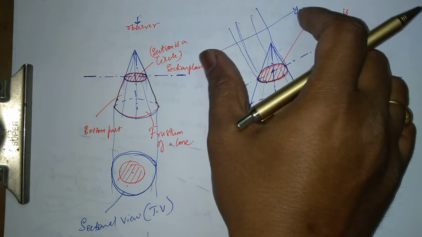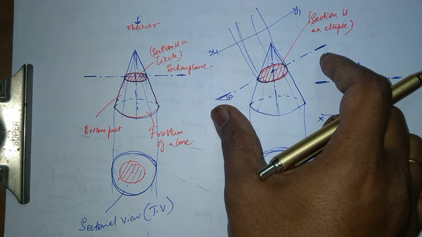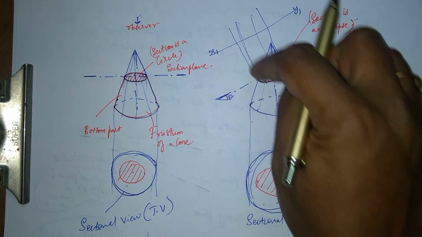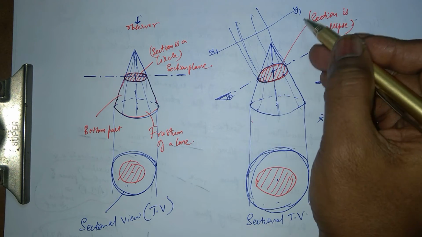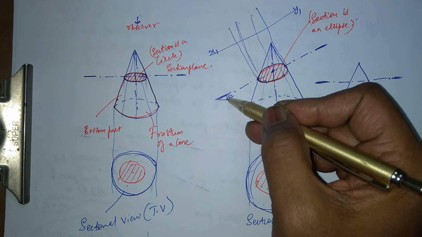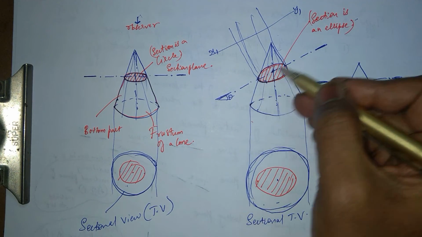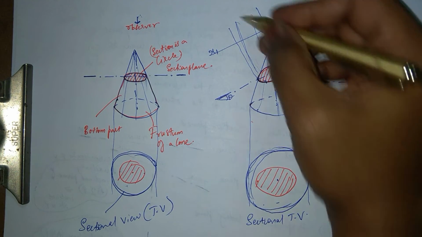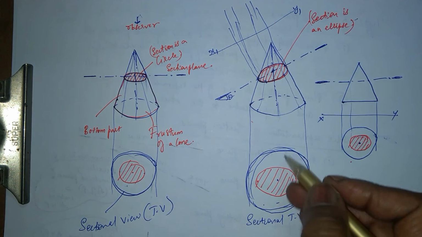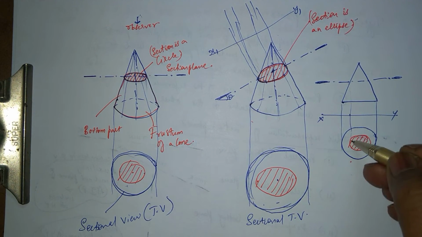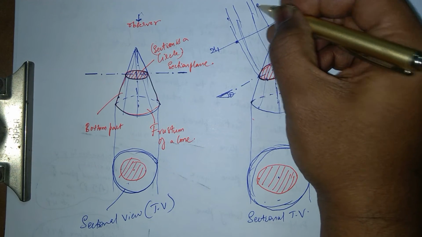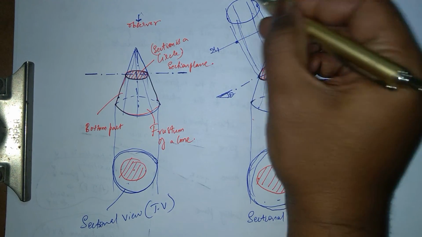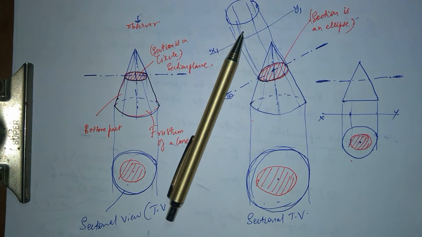This x1 y1 line is drawn parallel to the section plane, at a considerable distance, without interfering with the solid or any of the dimension lines. It should be parallel to the section plane to get a true shape. Now get all the projection lines down, and from xy, whatever distance it is, measure that distance and mark it from here till here. Then basically you'll get a shape like this. So this is the true shape.